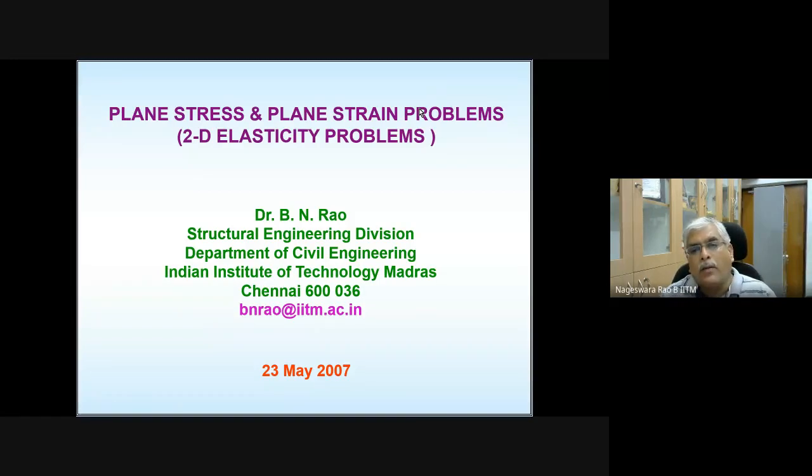So in today's class, we are going to look at plane stress and plane strain cases. Why are we looking at them? Because we can simplify the three-dimensional problem as a two-dimensional problem, so whatever we learned, we can easily apply, because we just noted how to solve a two-dimensional boundary value problem.